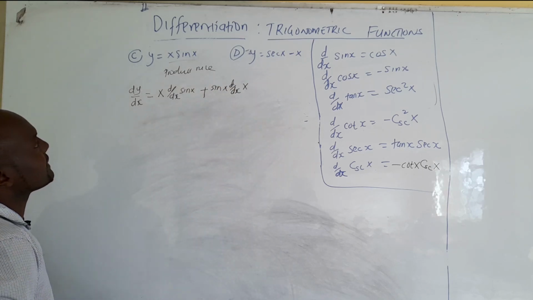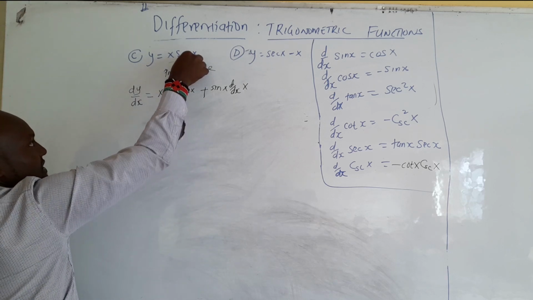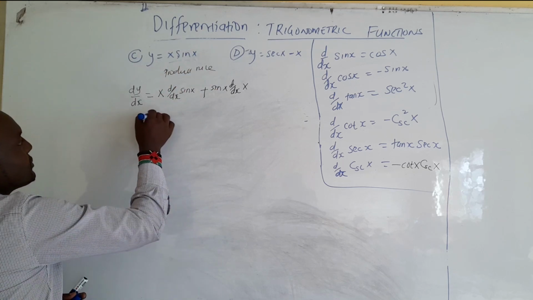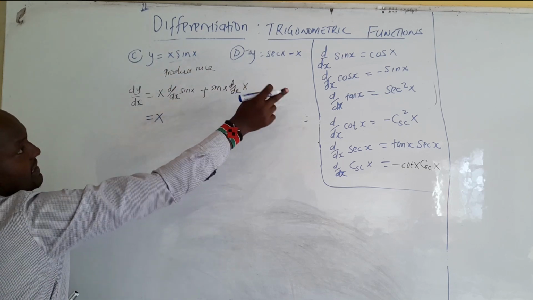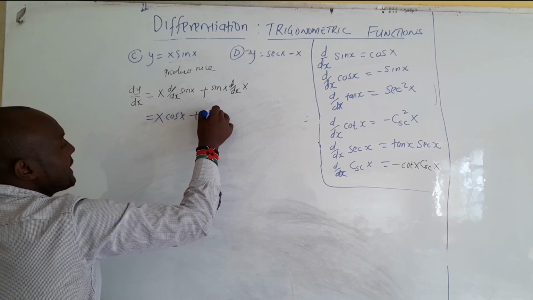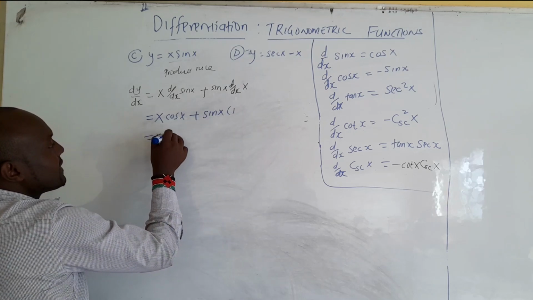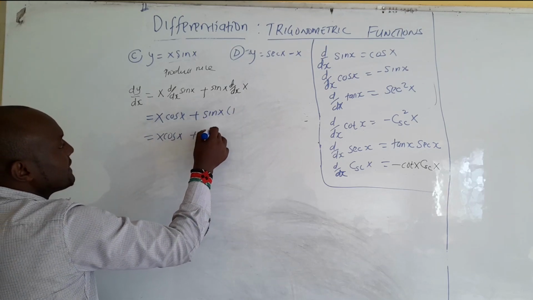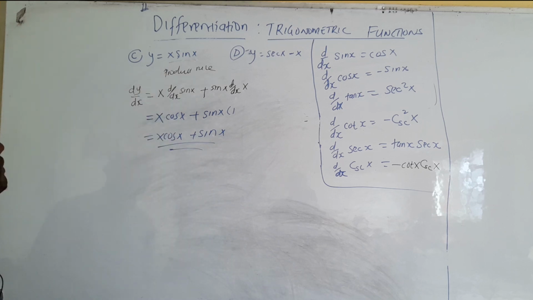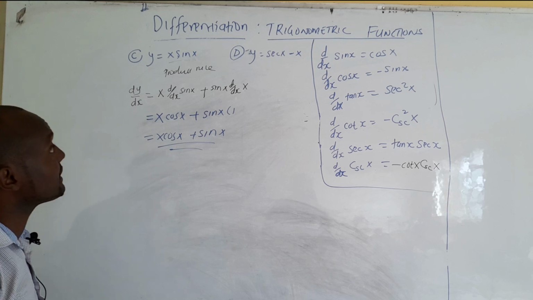When you differentiate sin x, you get cos x, plus sin x. When you differentiate x, you get 1. So the answer will be x cos x plus sin x.